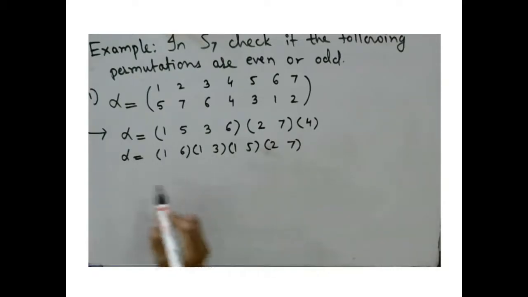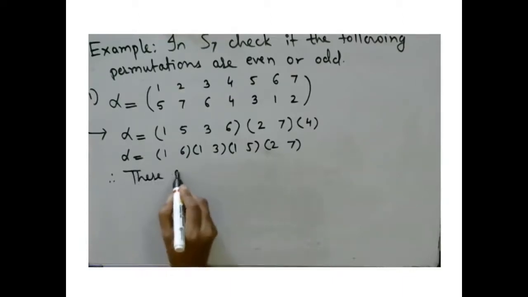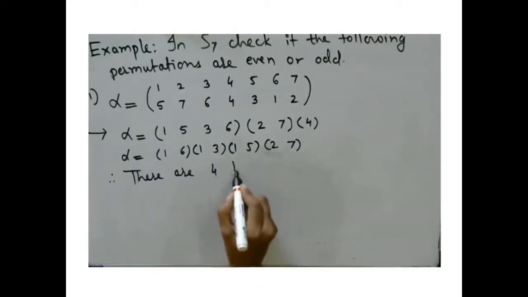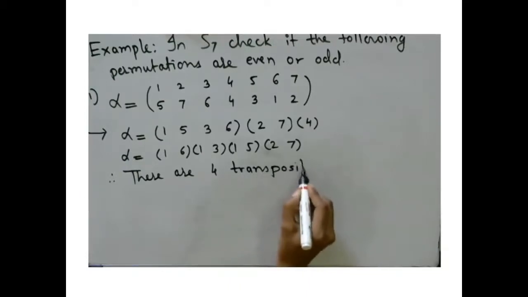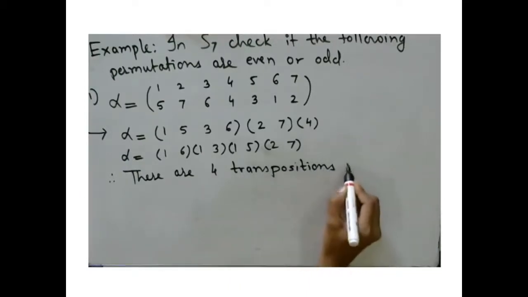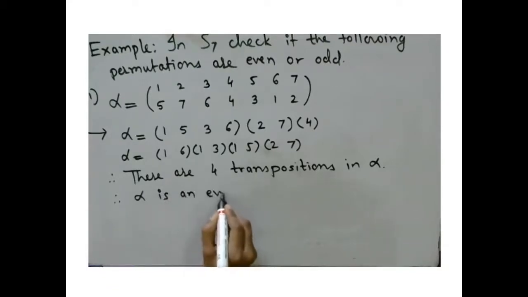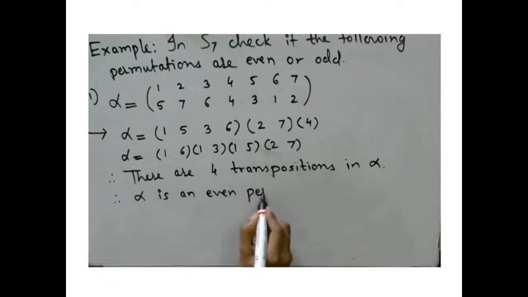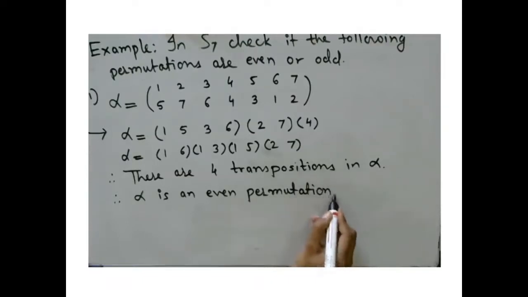There are 4 transpositions in alpha. Hence, alpha is an even permutation.